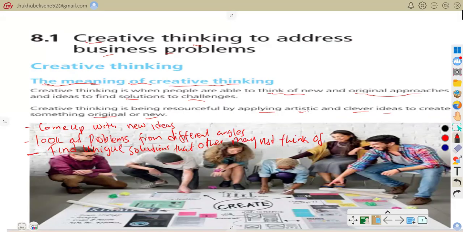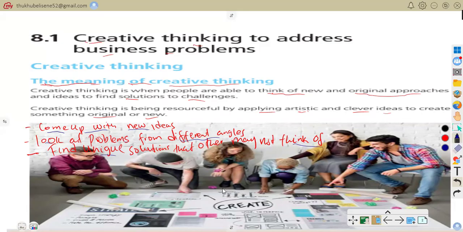So, meaning to say, when we're talking about creative thinking, that is when we come up with new ideas. That is when we look at the problems from different angles. Also, that is when we find unique solutions that others may not think of.